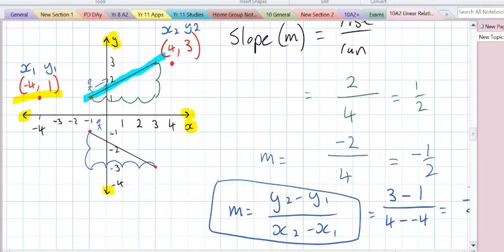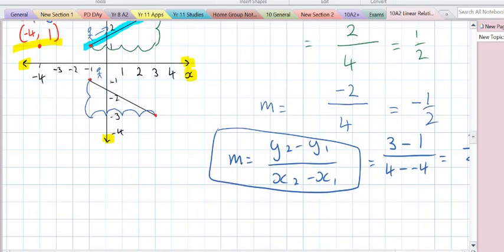Now let's just use this formula here on one of the lines we used beforehand, just to double check it works. So let's consider this line here. Its first point is going to be minus 1, and its last point here will be positive 3, negative 3.